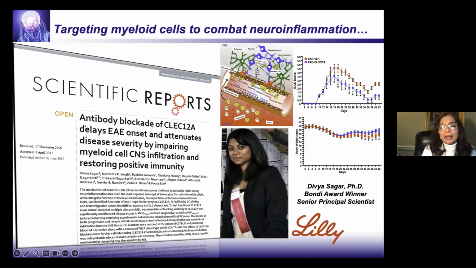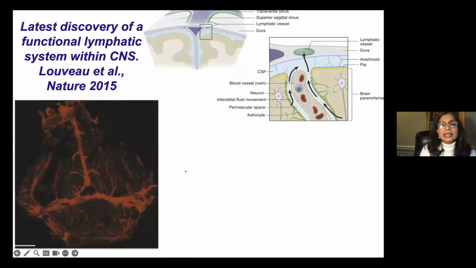So all our MS-related work has been published in Nature Scientific Reports, where we showed that a single-dose antibody treatment of CLEC12A can attenuate the disease in animals and provide protective immunity. This paper has both data from in vivo imaging as well as a lot of functional studies.